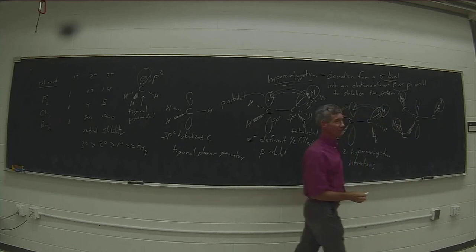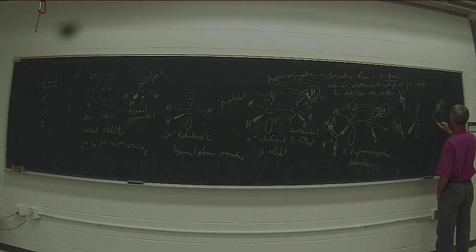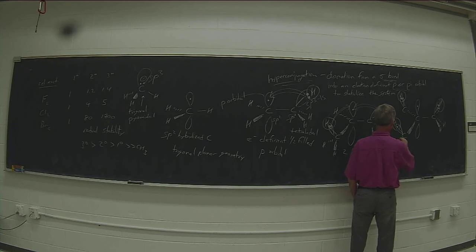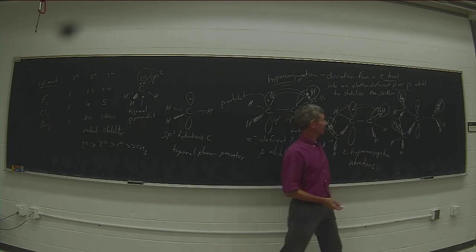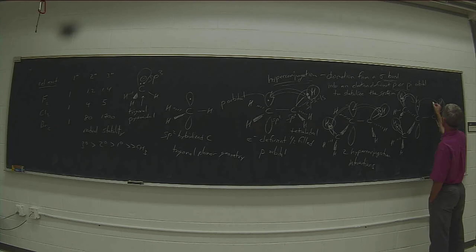We have three adjacent sp3 carbon to 1s hydrogen sigma bonds. And that means we have three places where hyperconjugation can interact with stabilization.